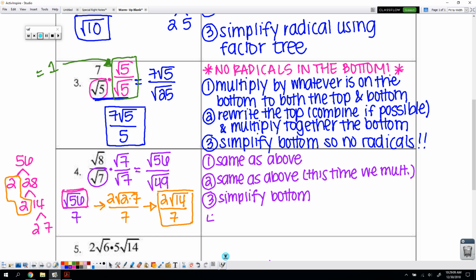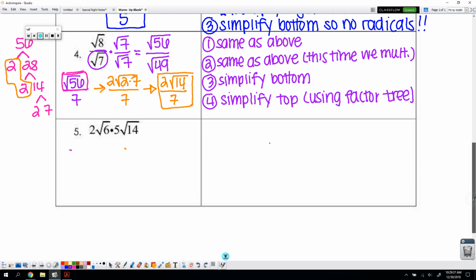And our step number 4 this time was to simplify the top, using a factor tree as we've done before. Okay? So really number 4 is just an extension of number 3. It's almost exactly the same. Alright? Just one extra thing.